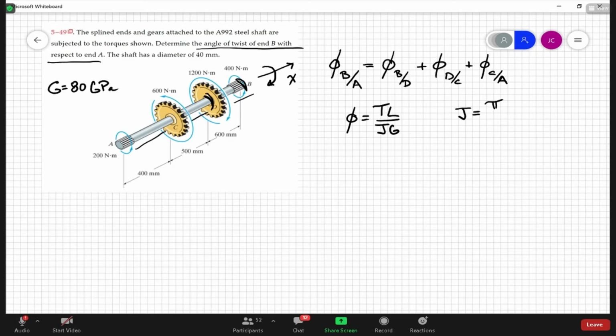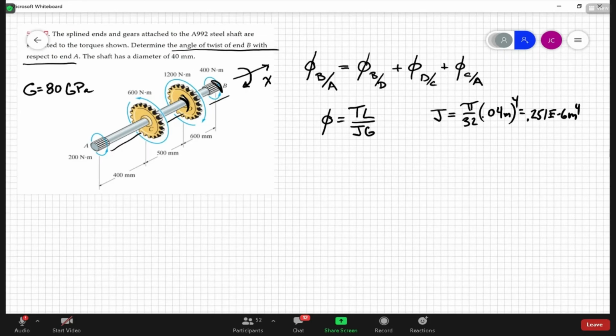So pi over 32 times 0.04 meters to the fourth. And that's going to give me 0.251 times 10 to the minus sixth meters to the fourth, okay? So that's J.